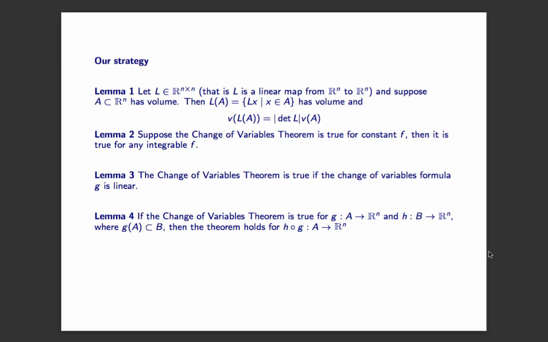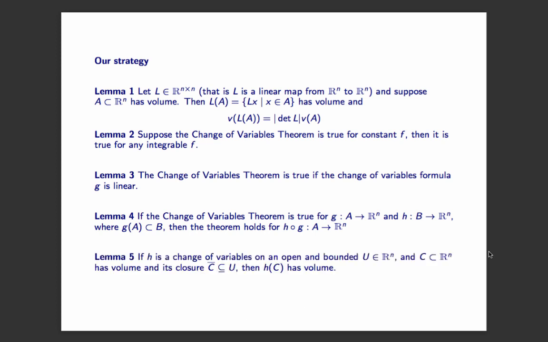If the change of variables theorem is true for g and it's true for h, and g of A is contained in the domain of h, then the theorem is true for h composed with g. And if h is a change of variables on an open and bounded subset U of Rn, that should be subset, not an element of, and C is a subset with volume and whose closure is in U, then h of C has volume.